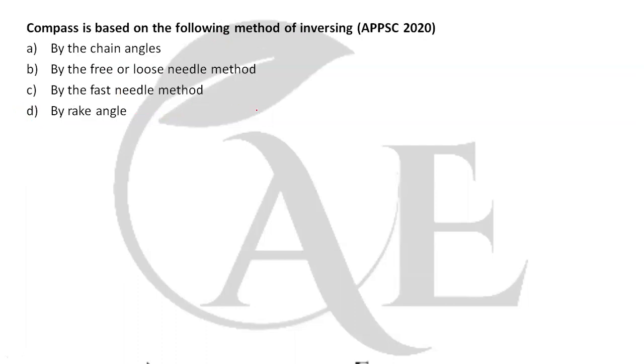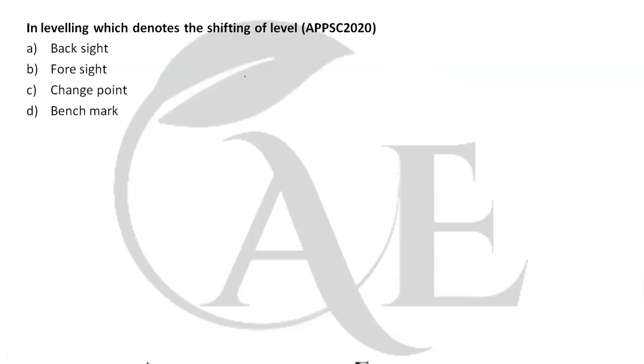Next question. Compass is based on the following method of inversing. When you use the compass, you can use free needles or loose needles. So option B is the correct answer, the free or loose needle method. Next question. In leveling, which denotes the shifting of level?